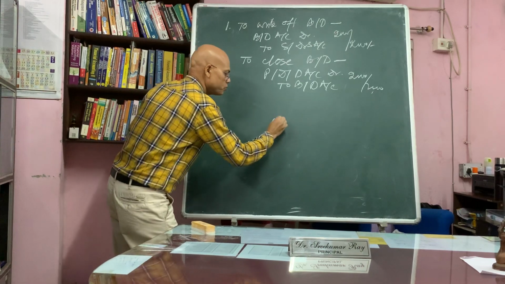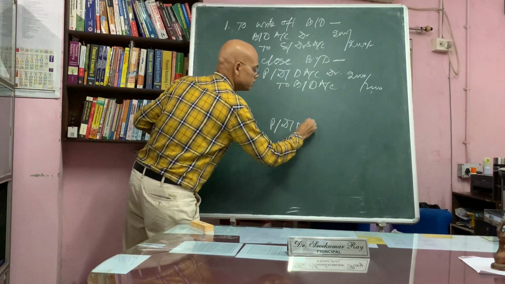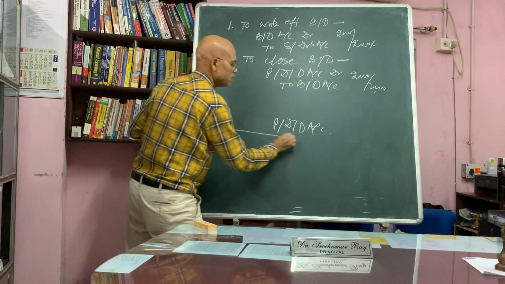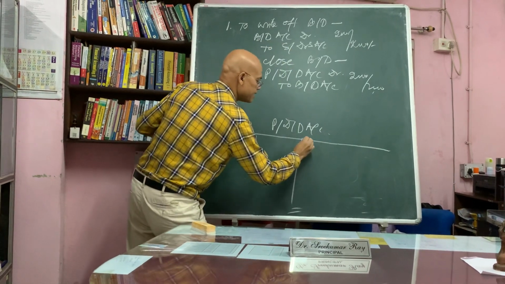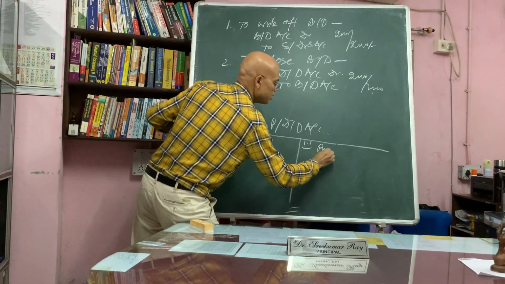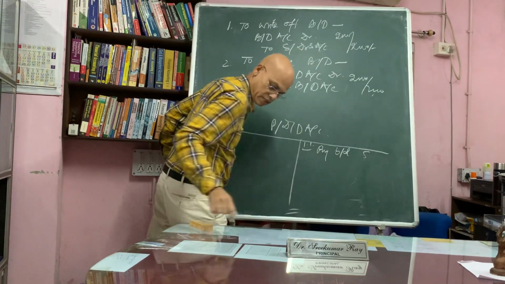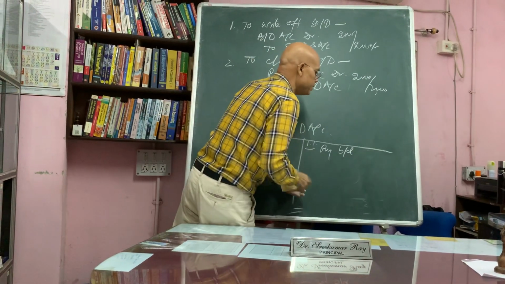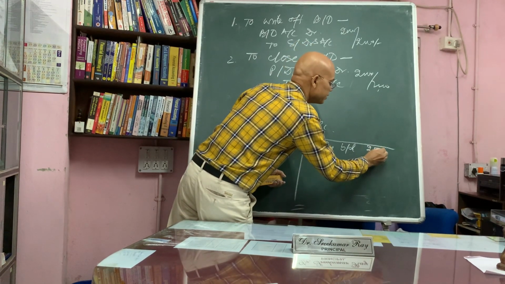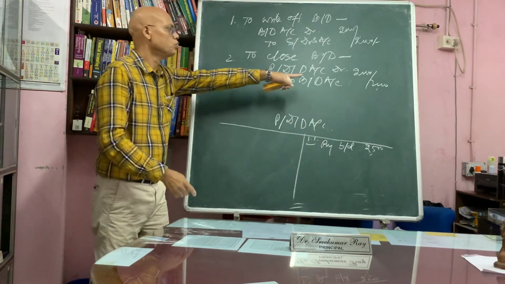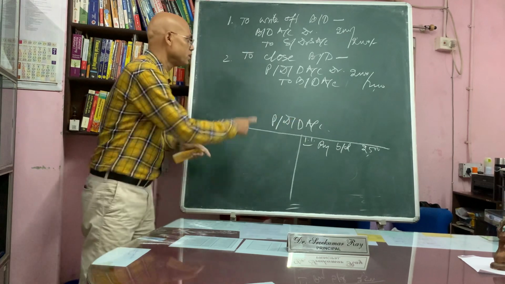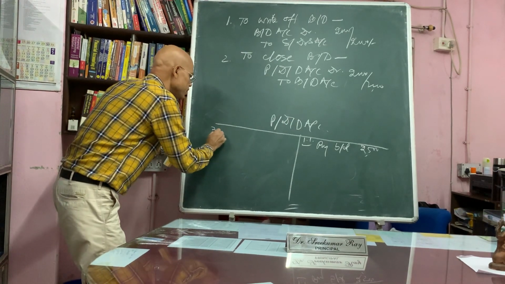Now provision for doubtful debt account again I am doing. Suppose it has an opening balance, by balance brought down. In the previous example I had given 2500. 2000 is bad debt that I can charge during the year.